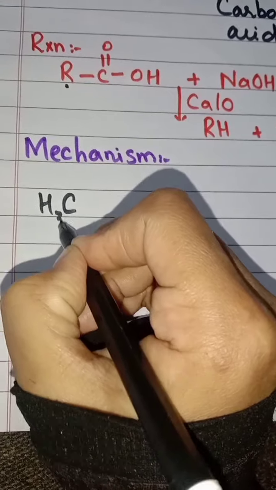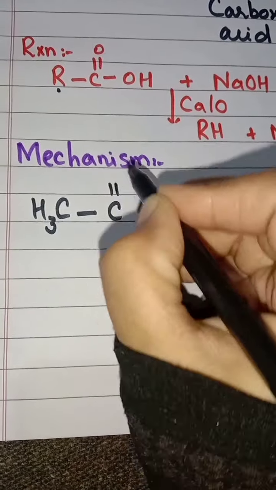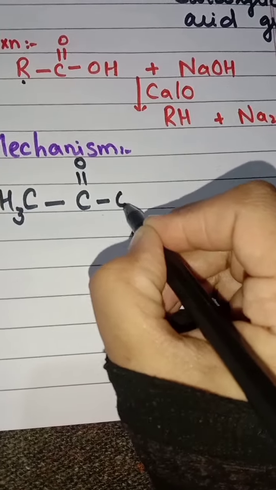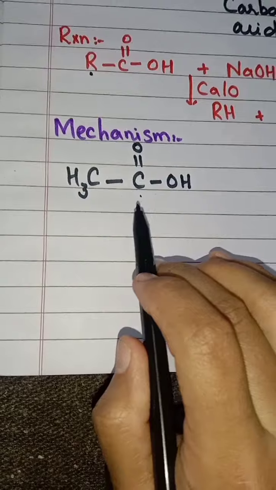Here is a methyl group and here is our carboxylic acid group. Having 2 carbons, it is acetic acid.